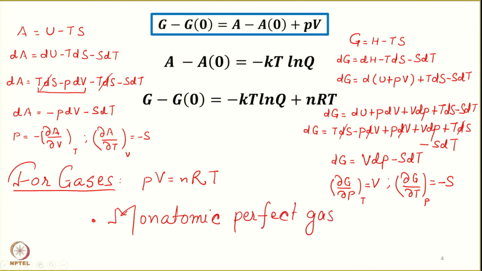then as we have been discussing recently, we need not consider rotational and vibrational contributions, and for the sake of discussion, we can also exclude electronic contributions under normal conditions of temperature. And secondly, indistinguishable molecules or atoms.